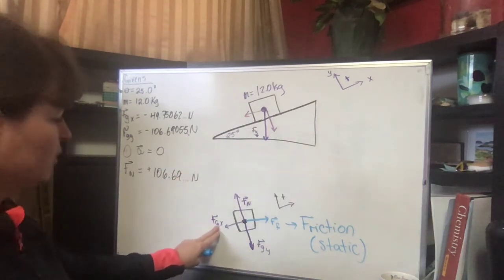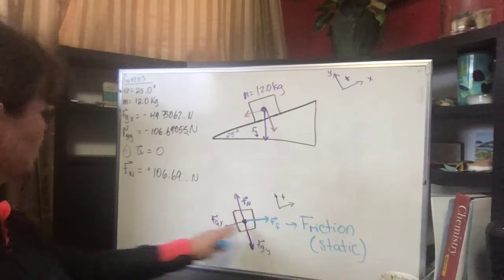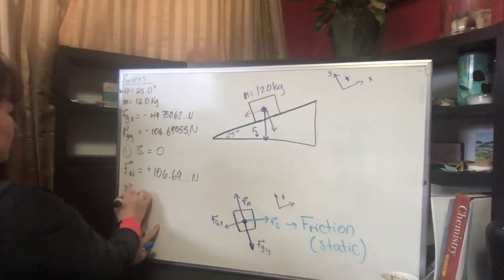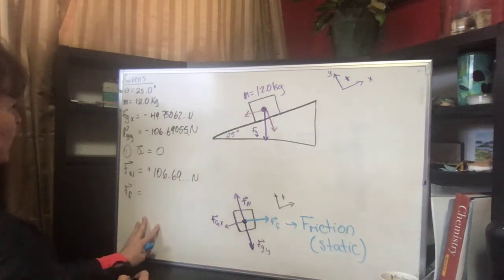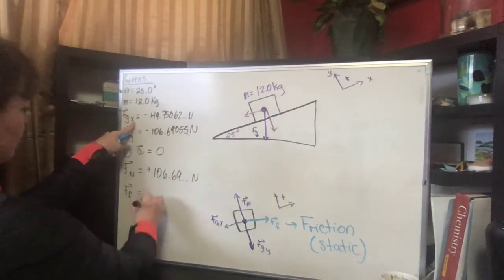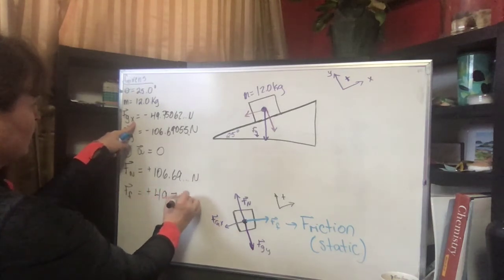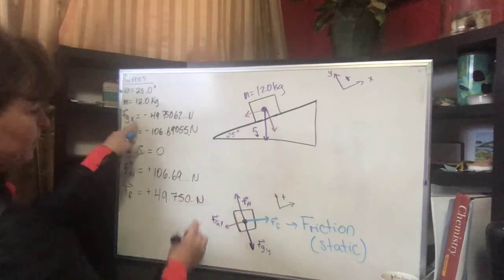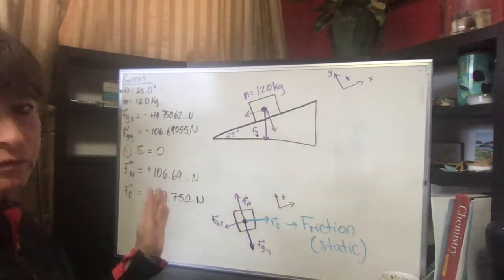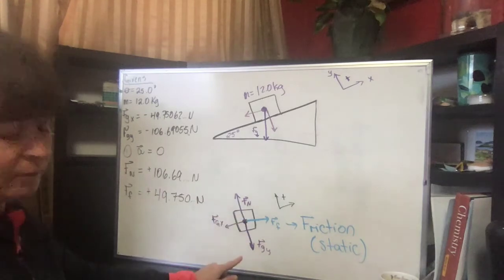I also know that if force gravity and force friction are in balance, then I know the value for force friction. And that is equal but opposite to the x component of gravity. So now it's upslope 49,750 yada yada yada newtons. Cool, hey? Look at all that information we know simply from analyzing the forces involved.